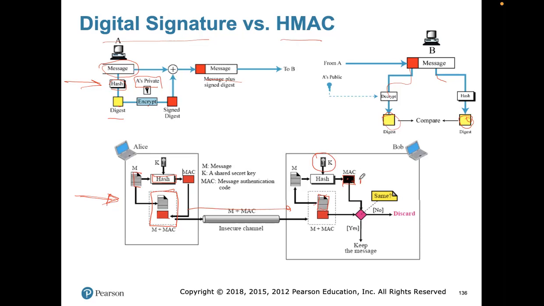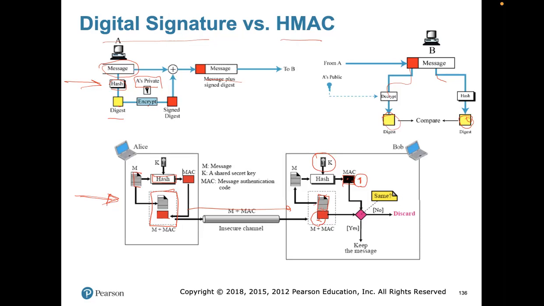If this part, which is generated at the receiver side, Bob's side, and this part, which is sent from Alice, the sender side, match, it means that the message is authentic and the message authentication approves. Otherwise, it means that something is wrong. Either the message was tampered with or the message is not authentic. It comes from a different sender.